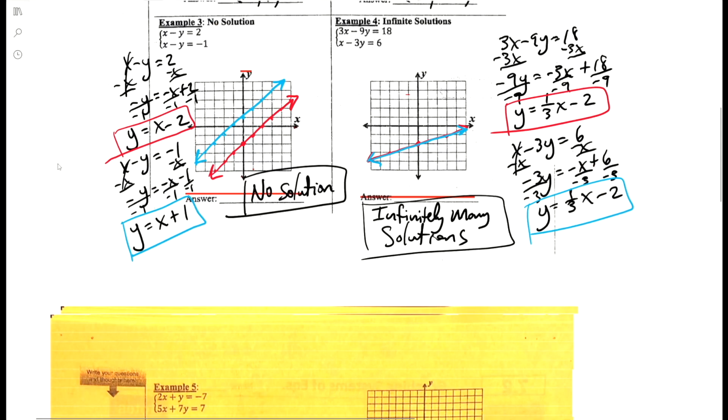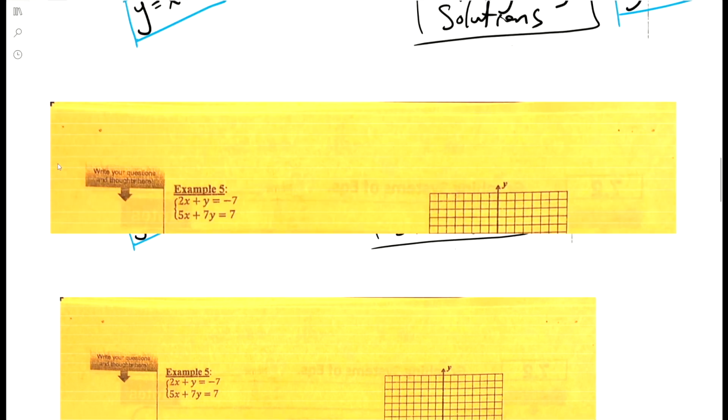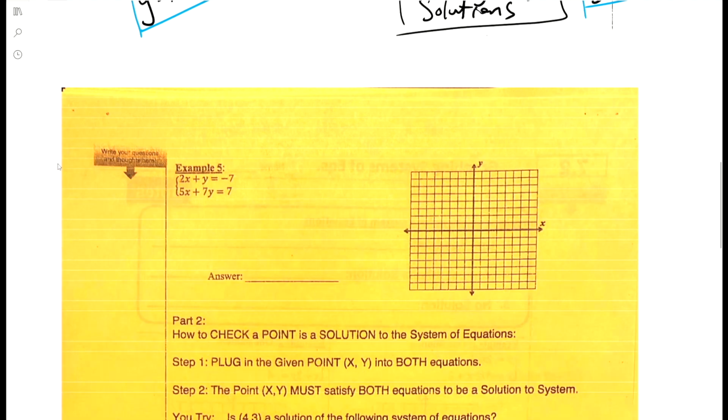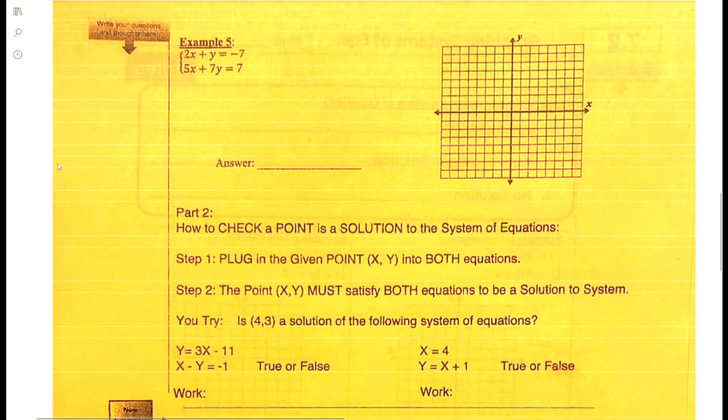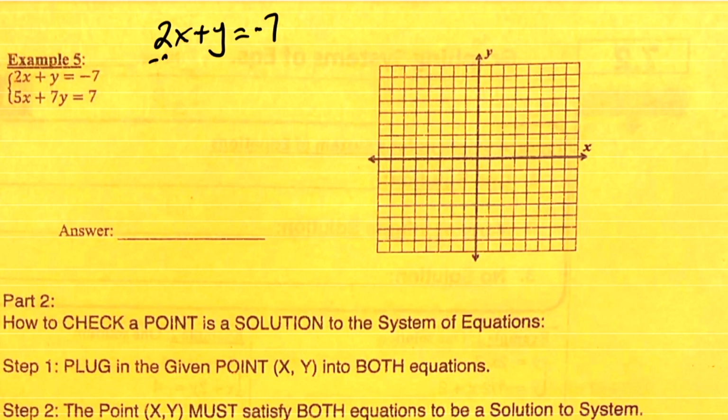Now, for the next part here, example number 5, let's see if we can figure out what's going on here. We'll take the first equation, 2x plus y equals negative 7, and we'll solve for y. So y is negative 2x minus 7.